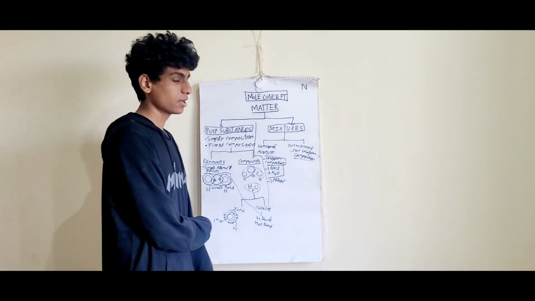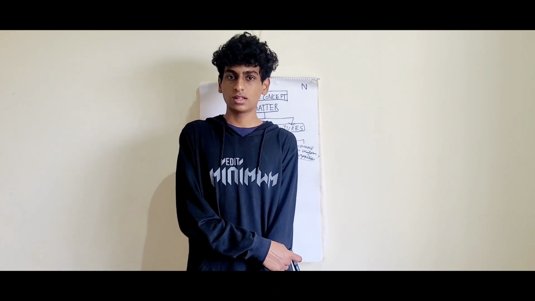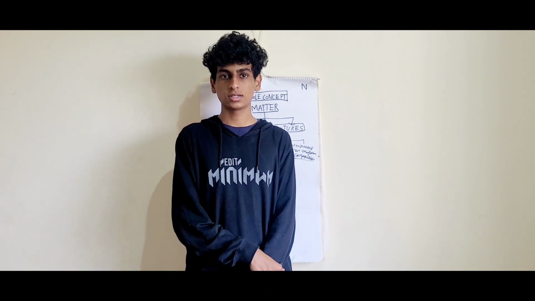Basically, heterogeneous is when composition doesn't matter. Any kind of composition is possible. There's no fixed ratio. The elements can be anything, all combined together. There's no proper order in them. So that's what heterogeneous is.